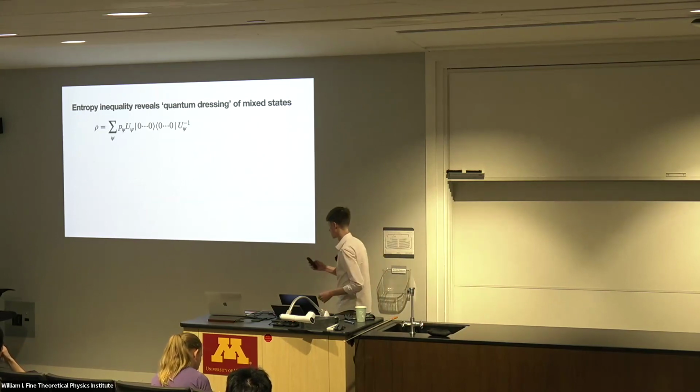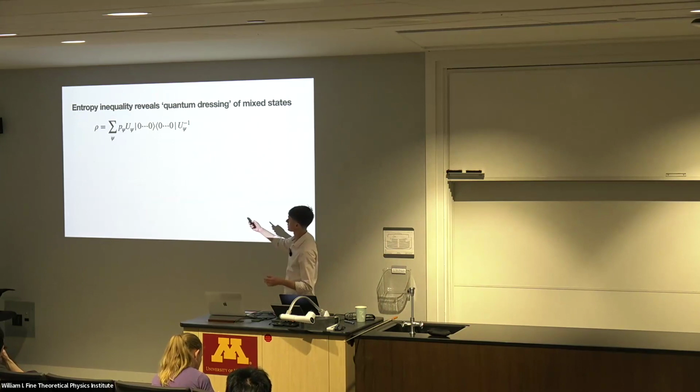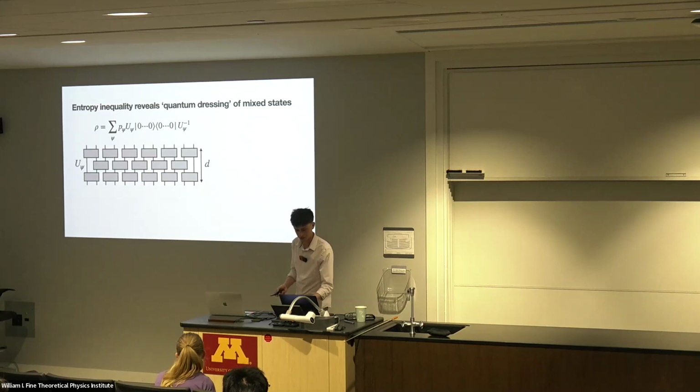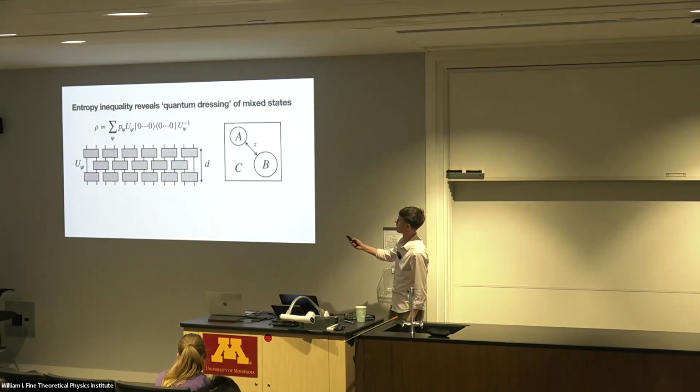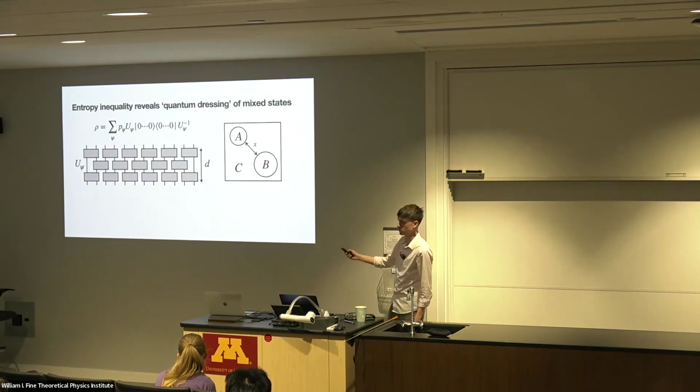Let's go back to our expression earlier. We imagine we have some thermal state that's some kind of quantum fluctuation, some unitary circuits acting on some product states. What I want to know is how deep these circuits have to be. That's this depth D. Now we imagine that we have our many-body system. There was some measurement that could have been performed in A that reduced the entropy of B by more than it reduced the entropy of the whole system ABC.